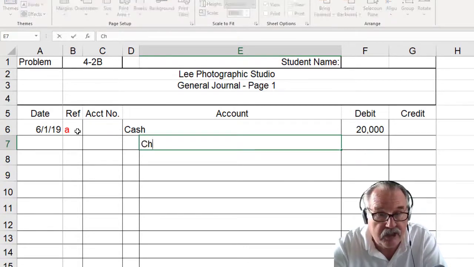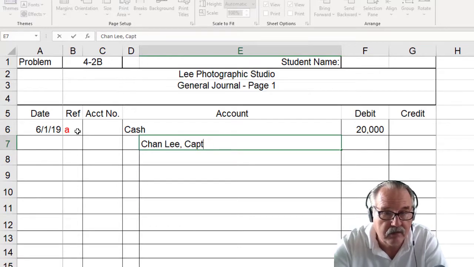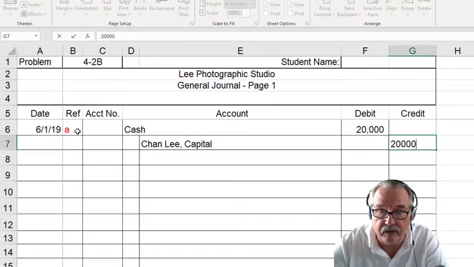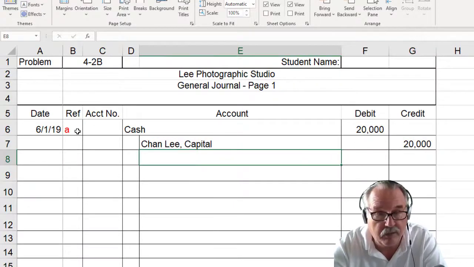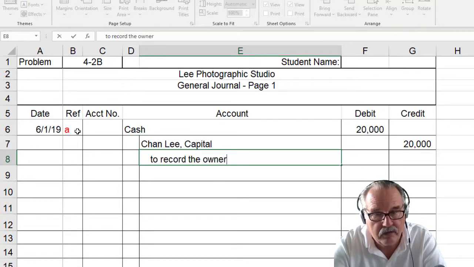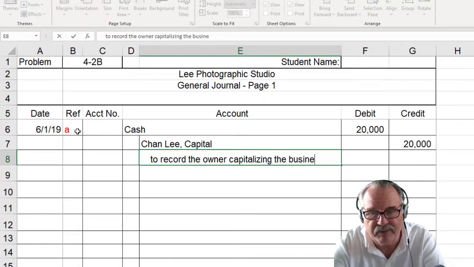And Chan Lee Capital is the credit, $20,000. And we're going to say to record the owner capitalizing the business or something like that.